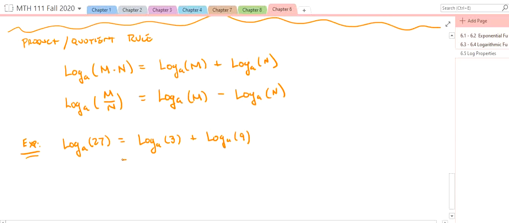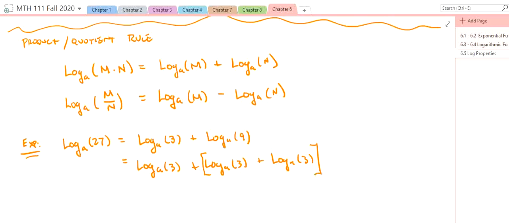You could even go further here and say this is log base a of 3 plus log base a of 3, plus log base a of 3. So this equals essentially 3 times log base a of 3, because these were all the exact same functions.